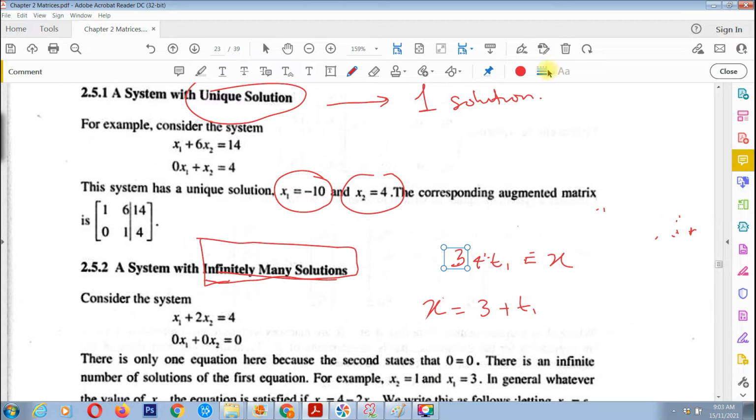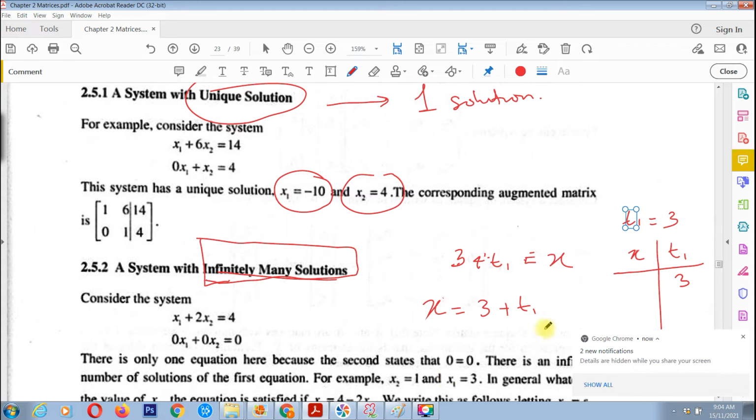If t1 equals 3, what is x? 6. If t1 equals 0, what is x?